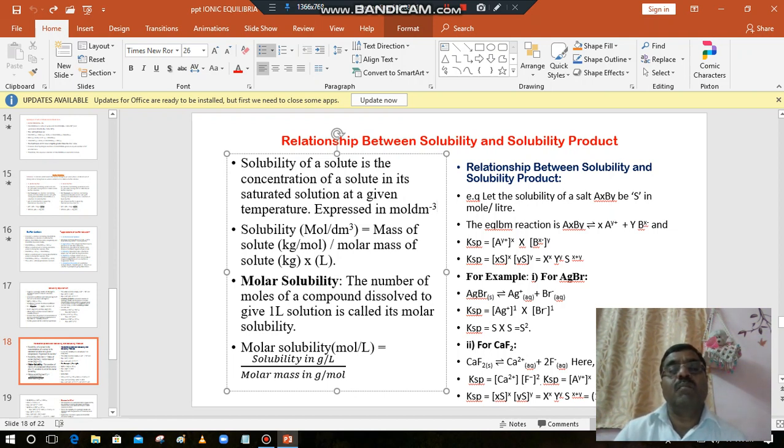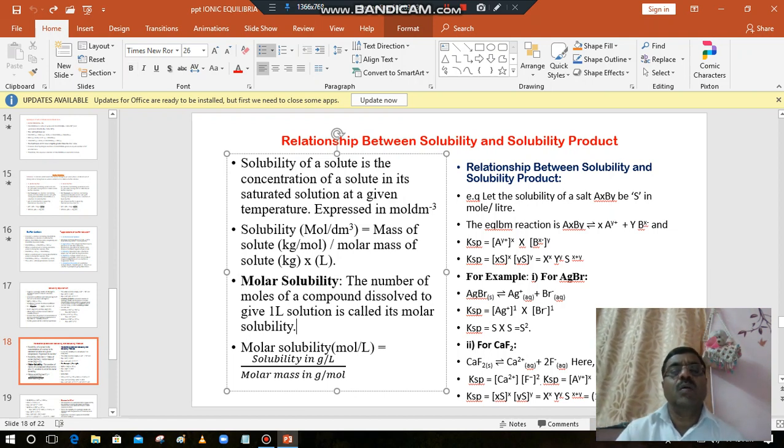Solubility in mole per dm cube is formulated as solubility is equal to mass of solute in kilogram divided by molar mass of solute in kilogram per liter. Molar solubility, the number of moles of compound dissolved to give 1 liter of solution, is called its molar solubility.